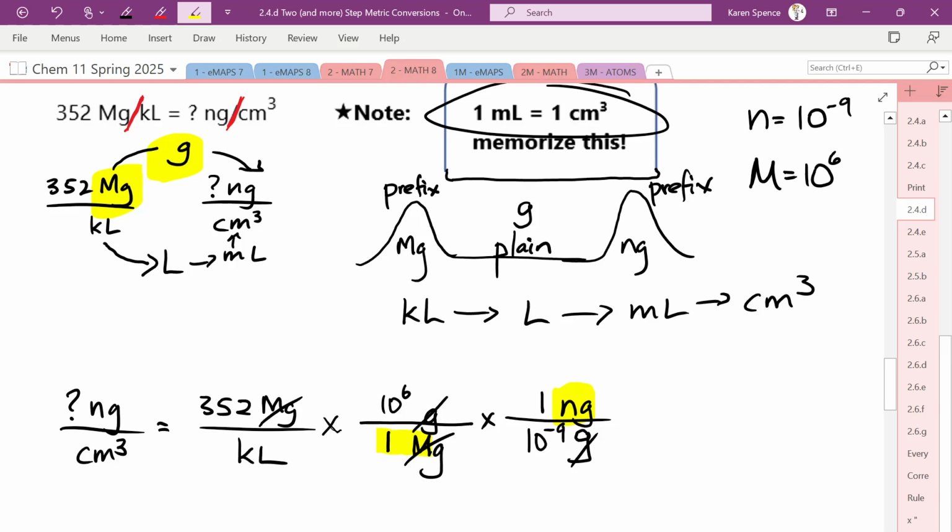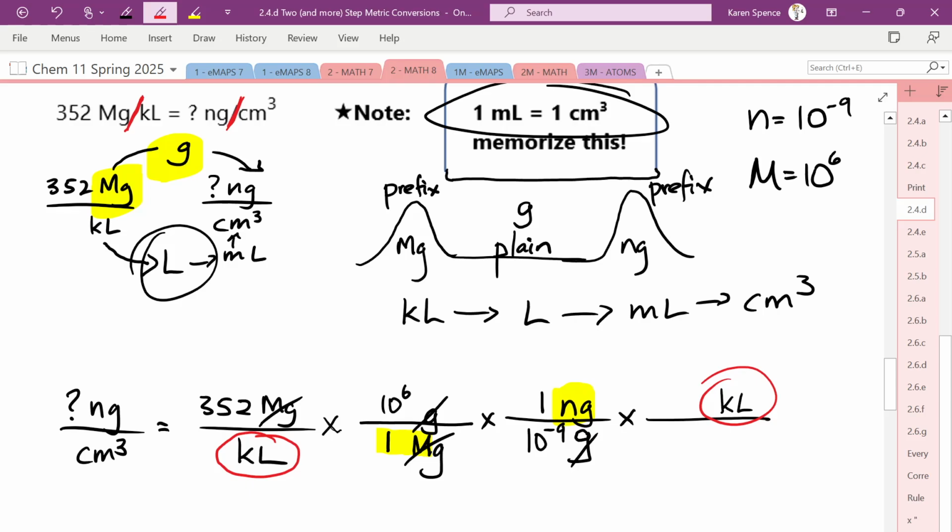But what we do have now is we have kiloliters on the bottom, and we don't want kiloliters. We want to convert to liters. That means our kiloliters have to go, do kiloliters go top or bottom? Top, because they need to cancel out and they are already on the bottom. So kiloliters on the top, liters on the bottom.